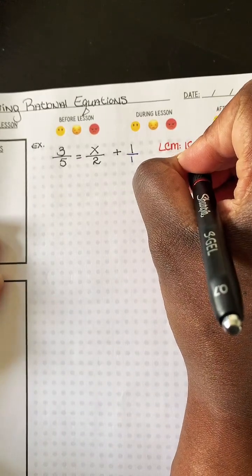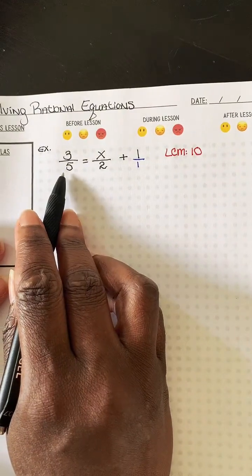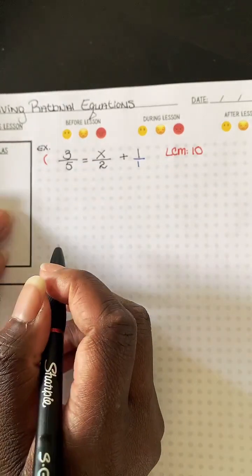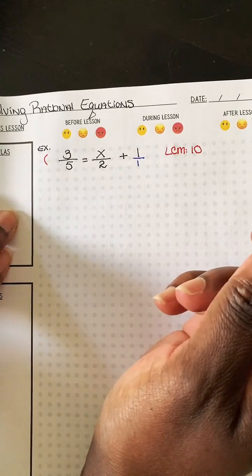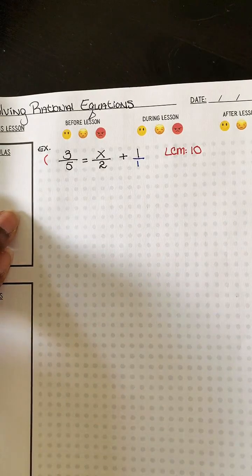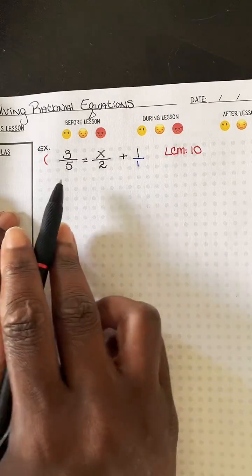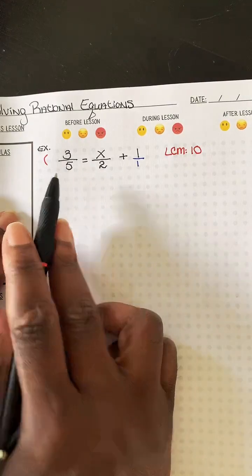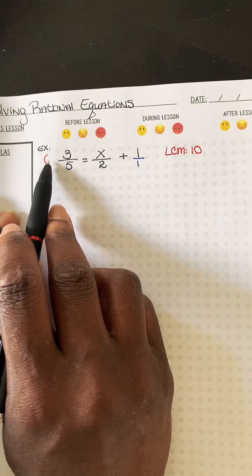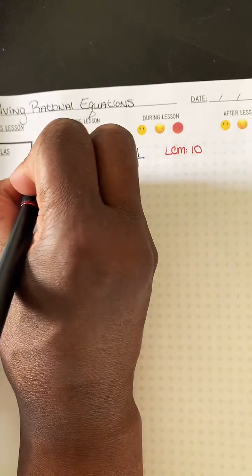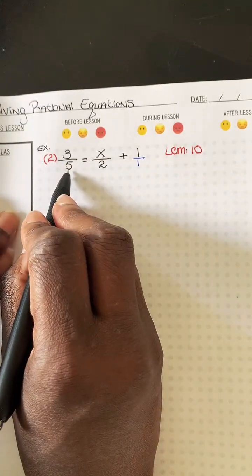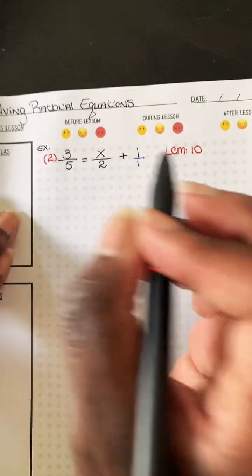There you go. So for my 5, that means I'm going to multiply everything with that 10. And I'm going to be truthful, when I was taught this, I was taught that we want to have everything have a 10. So if I put a 10 up here, that means I'm really multiplying that numerator by 2, because I want to make that 5 into a 10.